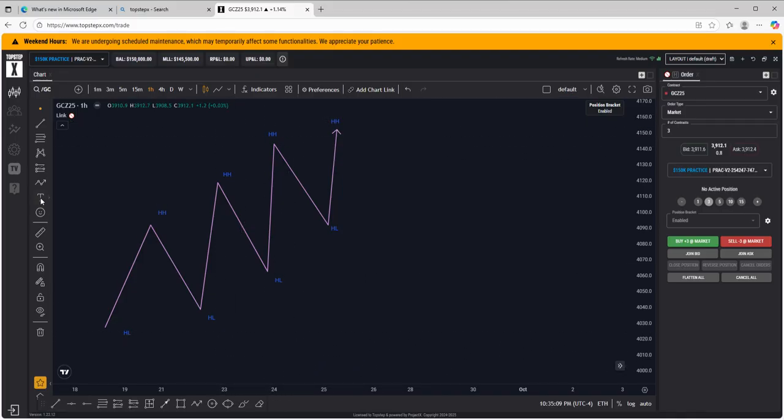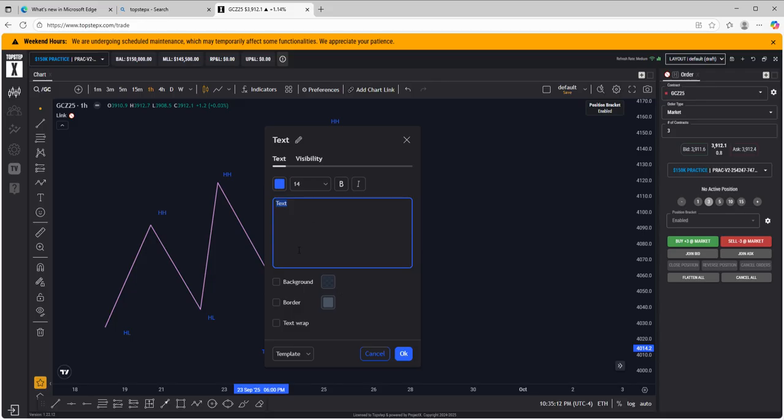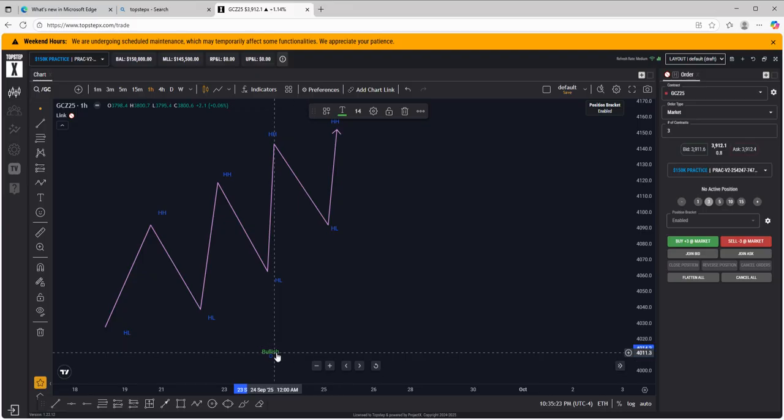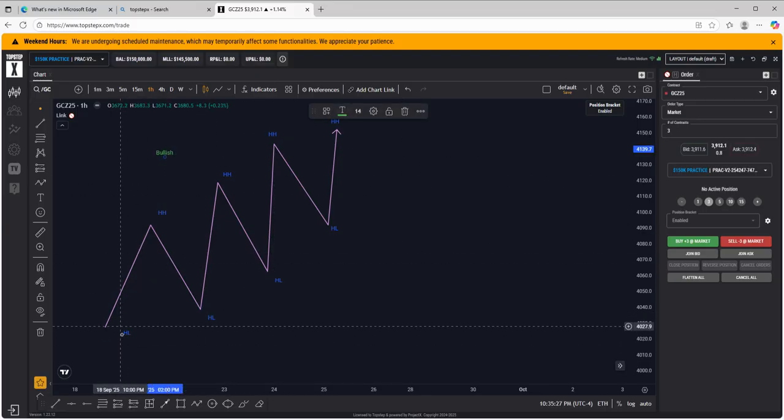So this is our bullish trend, or an uptrend. Now this trend consists of higher lows and higher highs. The reason being is because you'll have this high, which is higher than this high, and this low that's higher than this low.